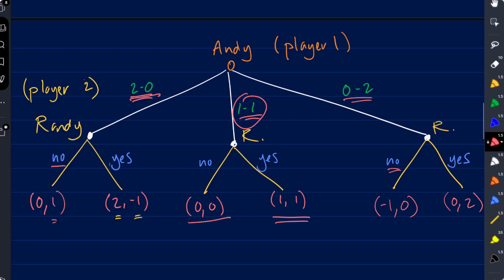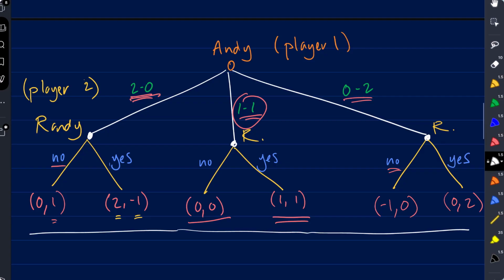Okay, so that's the game set up in this tree, or as we say, this is the extensive form of the game. Now to solve this game with backward induction, we will start down here at the bottom and look at what Randy is going to do in each of these three possible situations in which he might find himself.